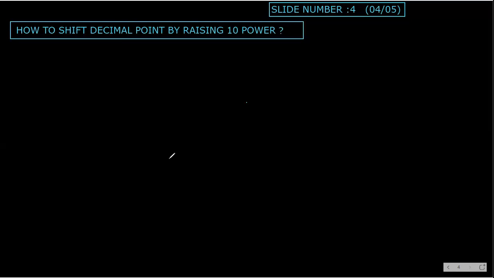Yes. So see, now suppose any number is there. See here, step 1, what to do. This is just for your understanding. Write down the given number.